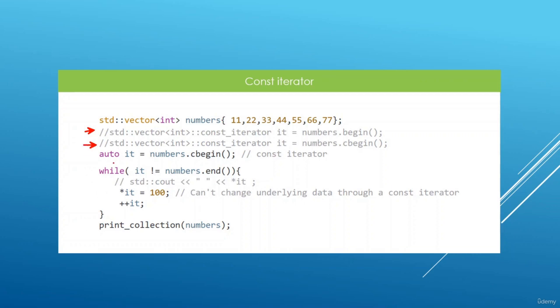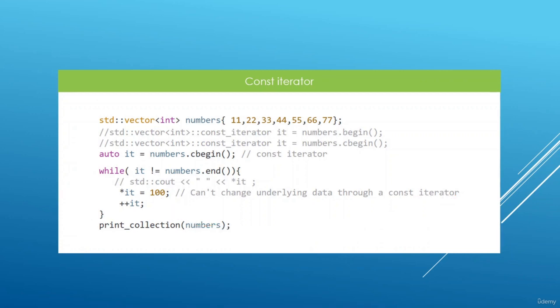We can also go through return type deduction and use auto here, and this is going to give us a constant iterator. If we try to loop through our collection and modify through dereferencing like we do on this line here, this is going to give us a compiler error because we can't go through a constant iterator and modify the data that is pointed to.